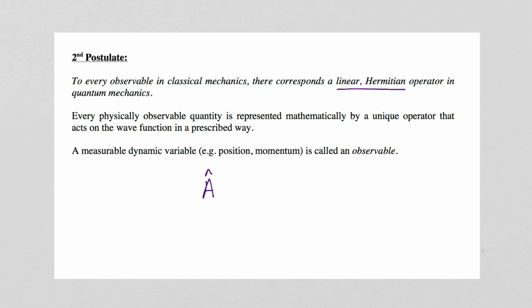So you can look and see what the position and momentum and kinetic energy and angular momentum operators look like. But essentially an operator is just a mathematical instruction for what you're going to do to a function. So an operator by itself doesn't really have any meaning, but at some point we will be having these operators act on our wave function, and that will give us a useful result.